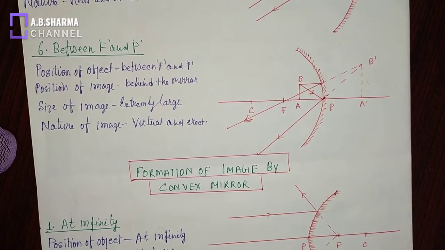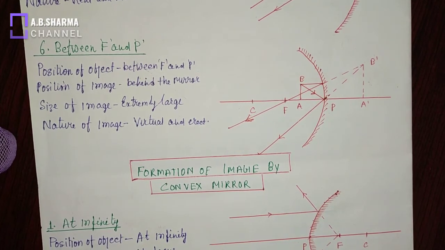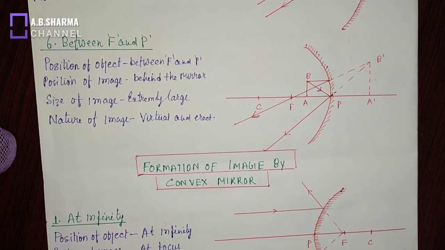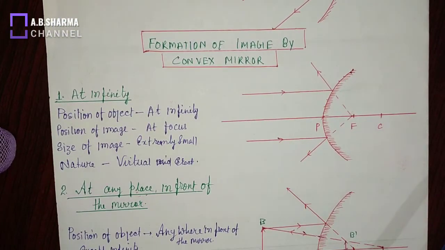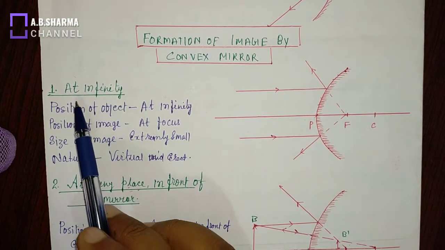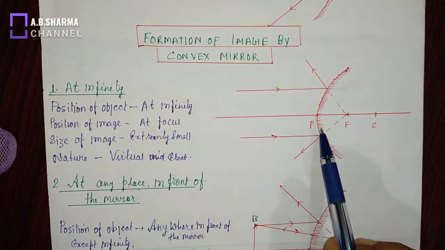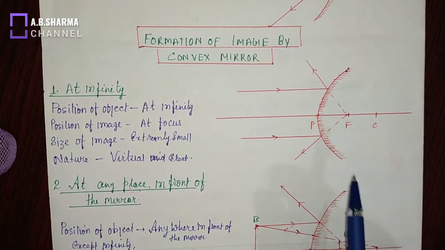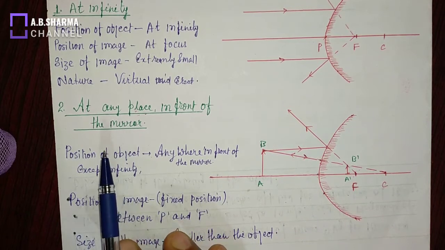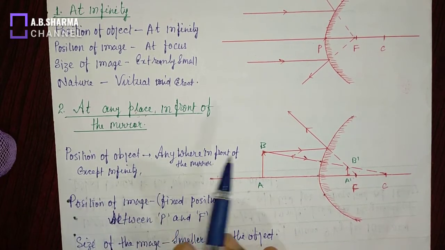These were the ray diagrams. When the object is placed at different places, the image is forming at different places. Now see what is the case of convex mirror. In convex mirror, first when the object is at infinity, and secondly when the object is kept at any place, that is anywhere in front of the mirror.